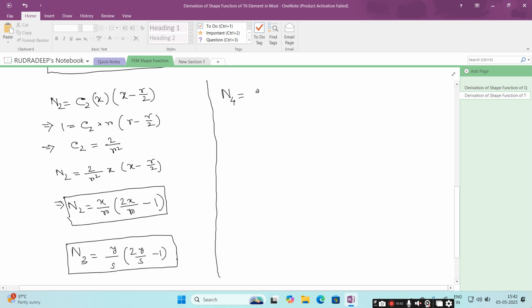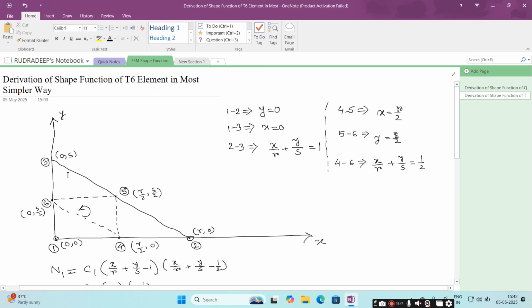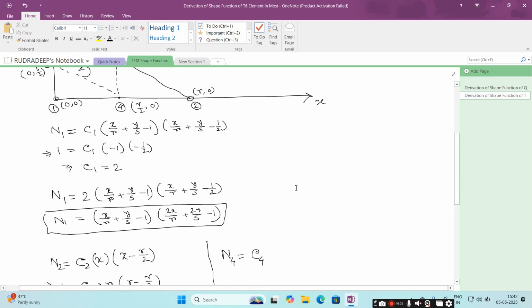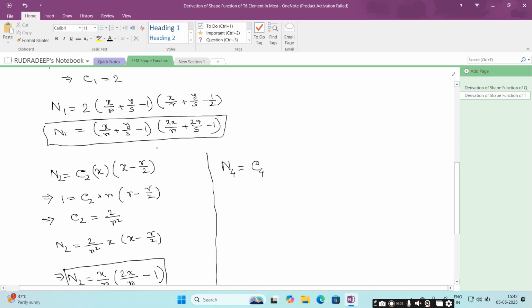So n4 equal to a constant, I am taking c4, times the equations of those lines. One is for 1 3, the other one is 2 3. The 1 3 equation is x equal to 0, and the 2 3 equation is x by r plus y by s equal to 1, that is, x by r plus y by s minus 1.